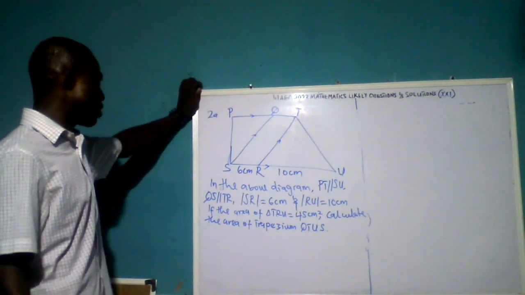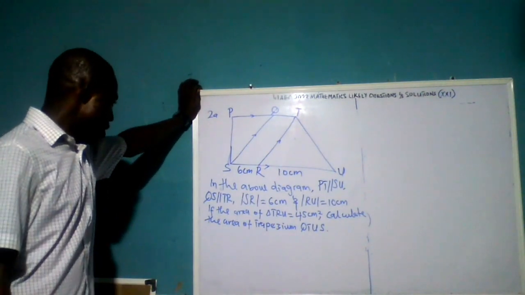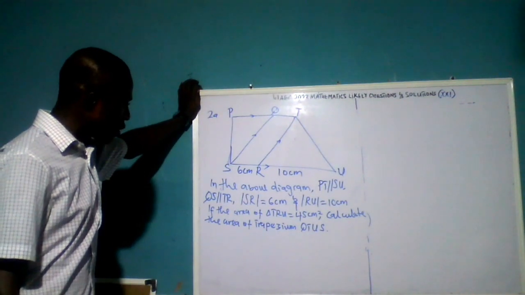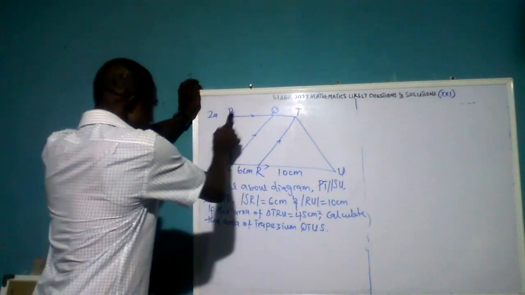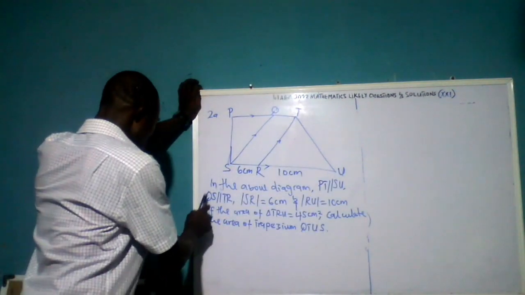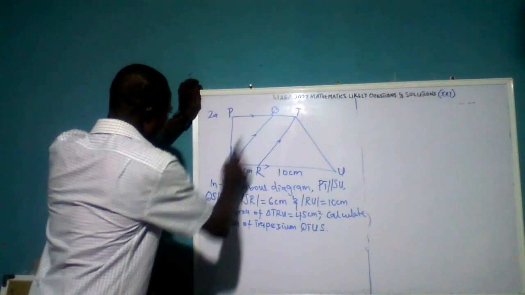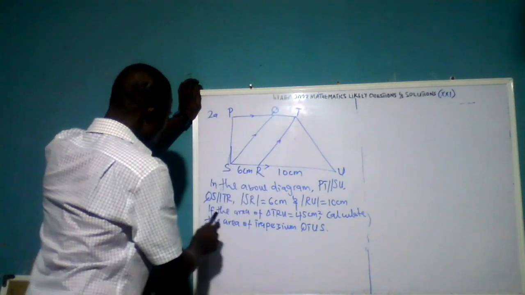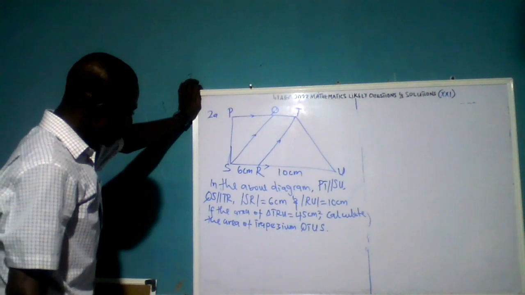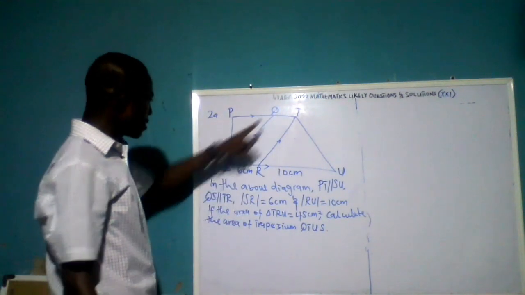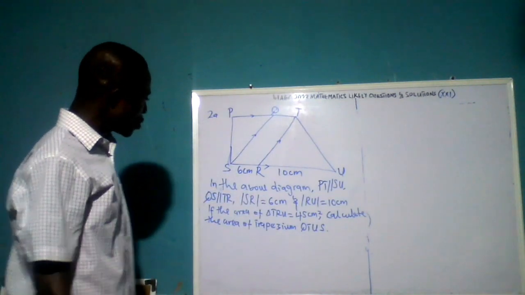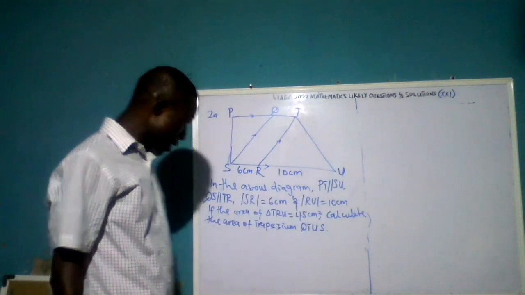Now let's take question number 2a. In the above diagram, line PT is parallel to SU, and line QS is parallel to TR. Also, we are given that the magnitude of SR is equal to 6 centimeters, and the magnitude of RU is equal to 10 centimeters.